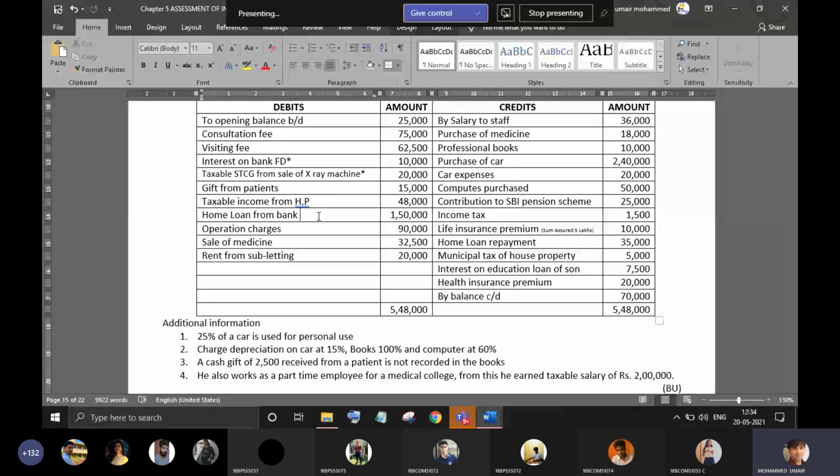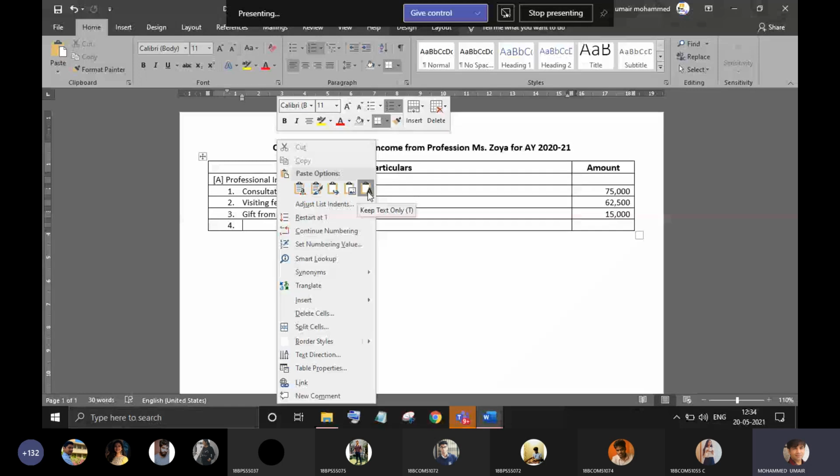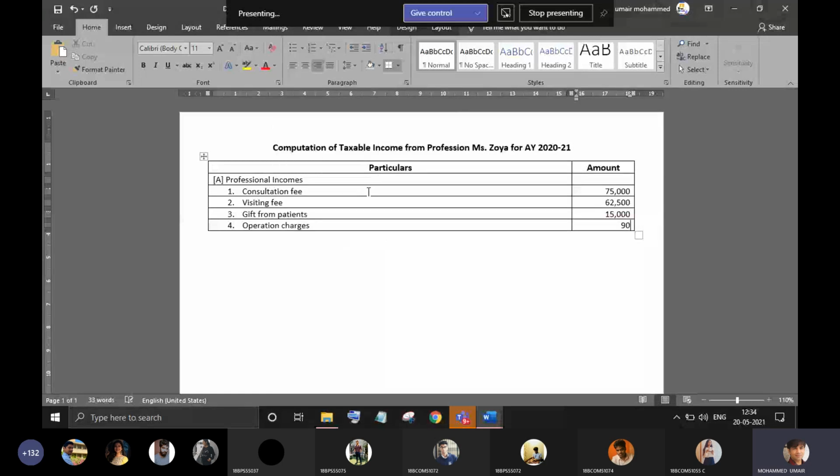Next is a part of professional income, and the amount is 90,000 rupees. Next, you have sale of medicines, which is again a professional income, and the amount is 32,500.